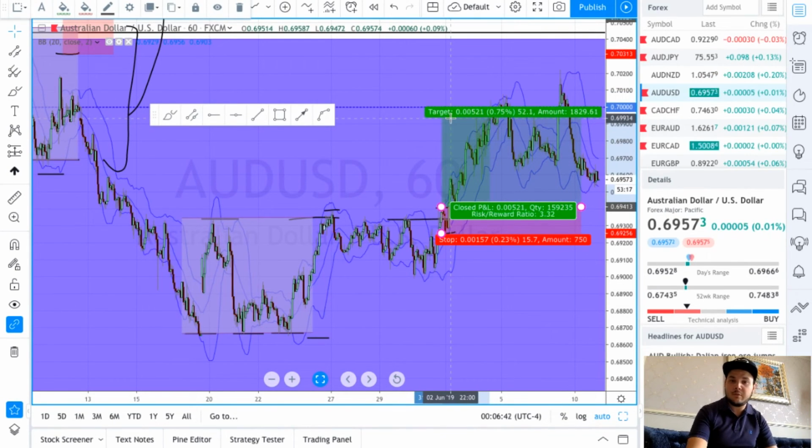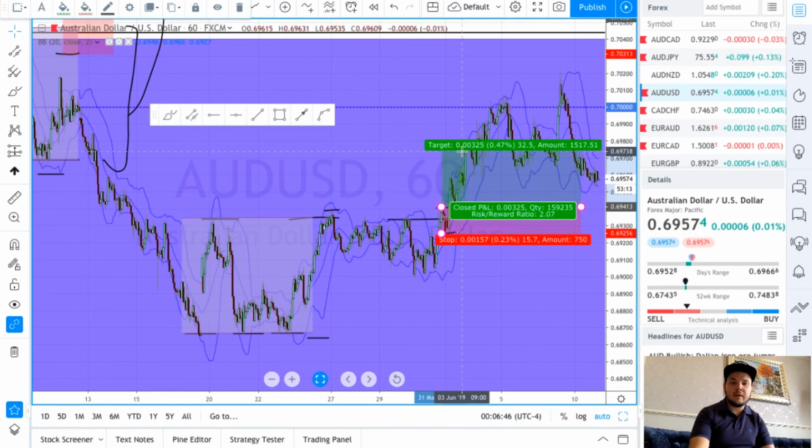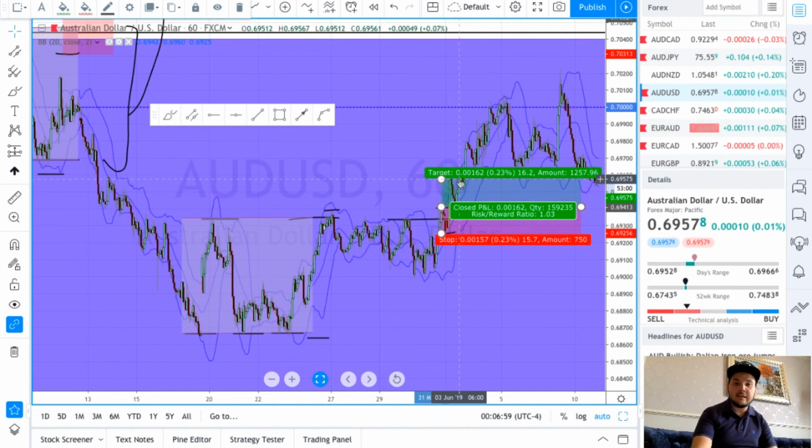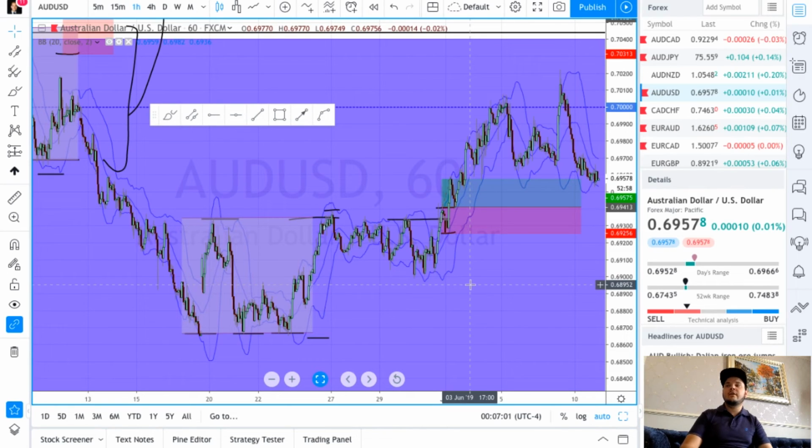Okay, so depending on what you prefer, 3-to-1, 2-to-1, 4-to-1, I'll go with multiples, like maybe one at 1-to-1. Maybe you could even move your stop loss to break even. So let's see, we'll get to 1-to-1 on that trade, so that's around here, and it's gonna work well here in that case because we are in a breakout. Okay, so we break out of the range.